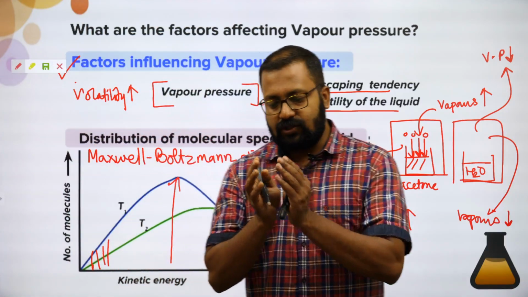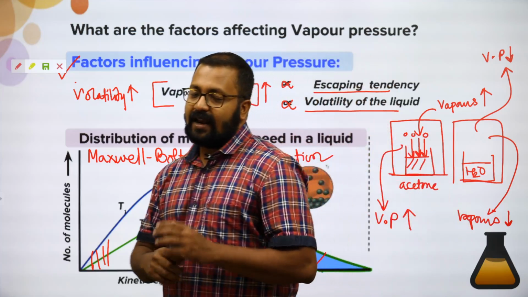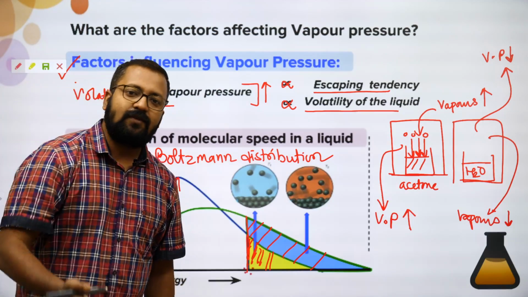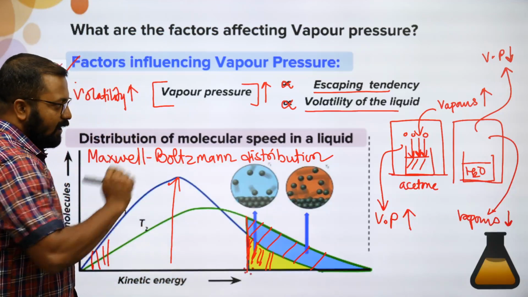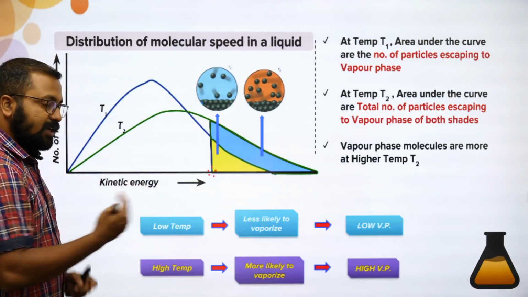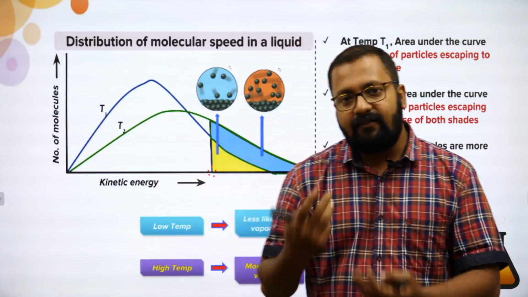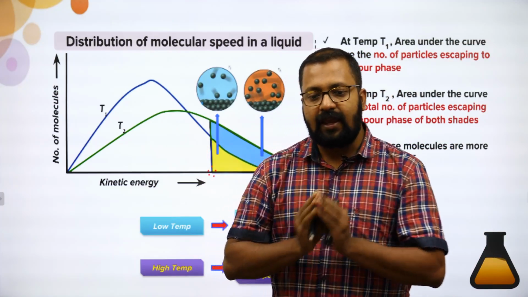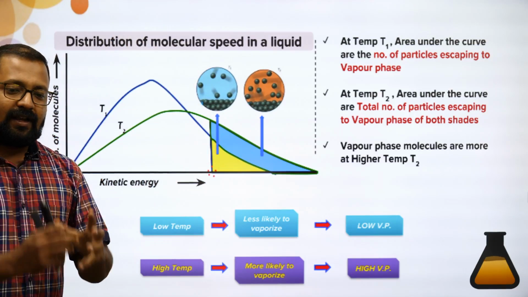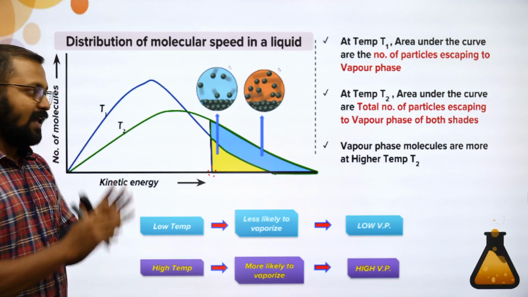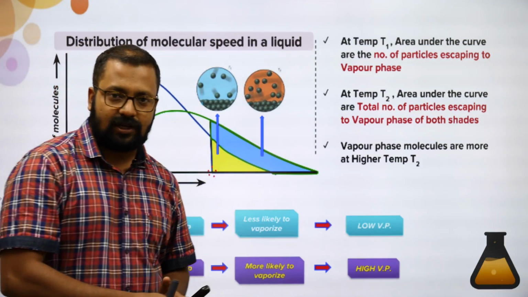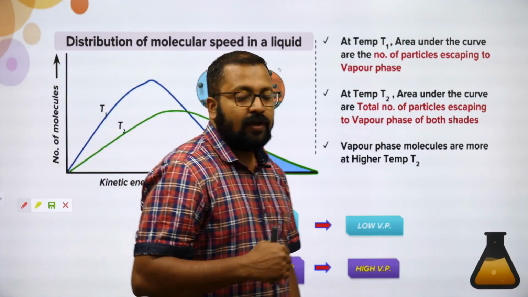So if I take a solvent and heat it, I am increasing the average energy of all molecules, so the rate of vaporization will increase, and consequently the volatility will increase, and consequently the vapor pressure will also increase. Okay, the point of studying the Boltzmann distribution is that temperature will also be a factor. If I change the temperature, the vapor pressure will also change.